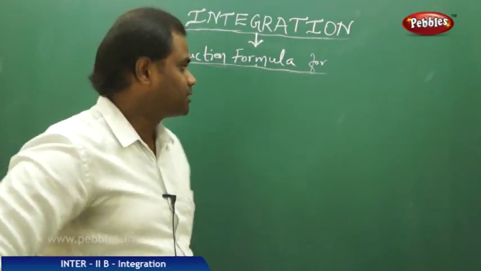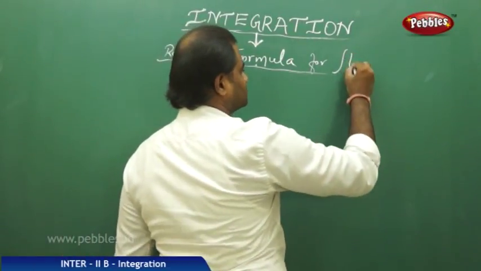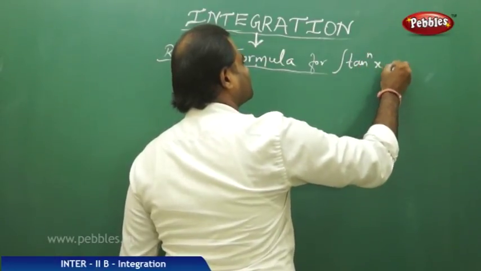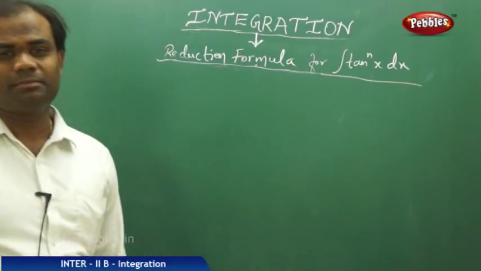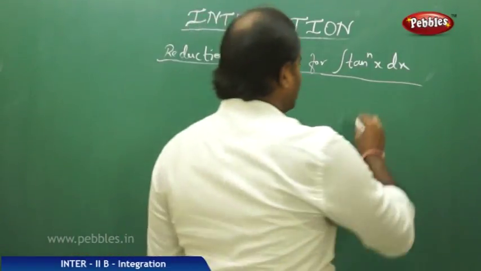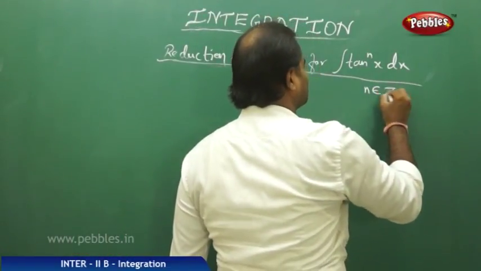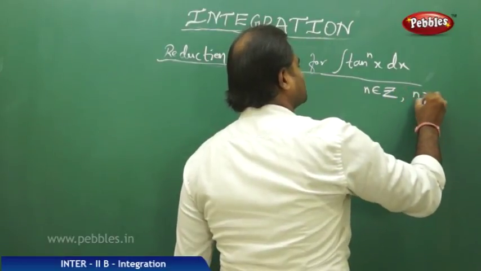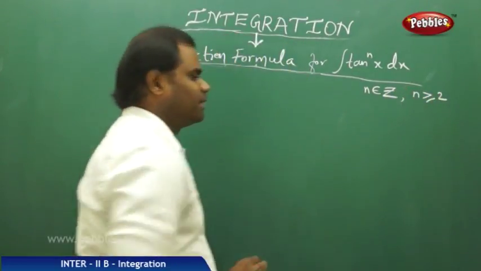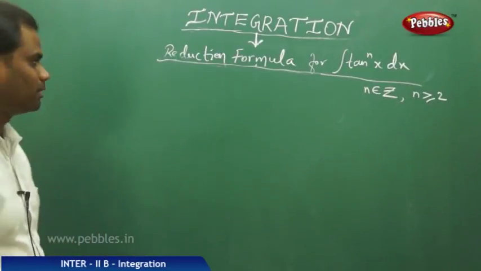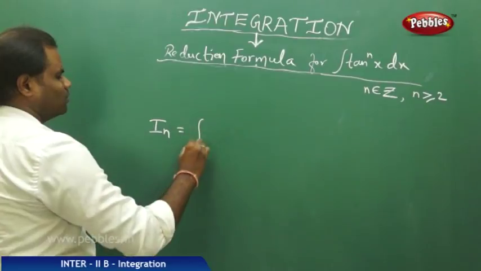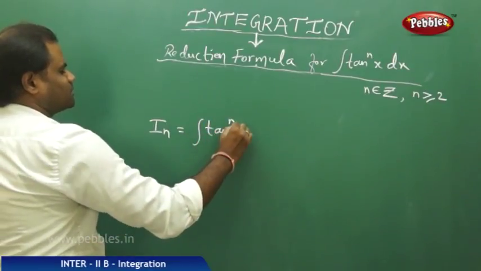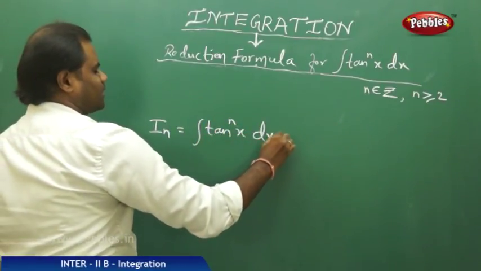Now let's see the reduction formula for tan. If I would like to evaluate integral of tan power nx dx, where n is an integer and n is greater than or equal to 2, then we use a similar reduction formula, assuming In equals integral tan power nx dx.